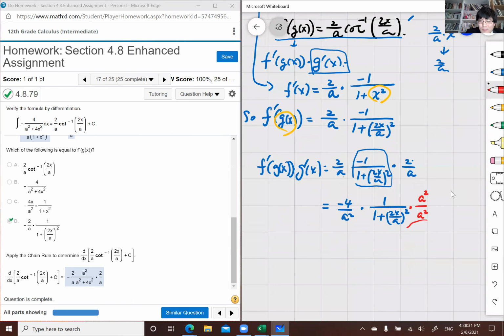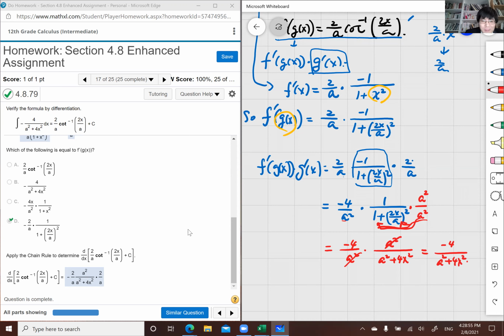In general steps, it's going to be a squared here. And when you expand this one, you're going to get a squared plus 4x squared. Now reduce this part, you're going to get negative 4 over a squared plus 4x squared.